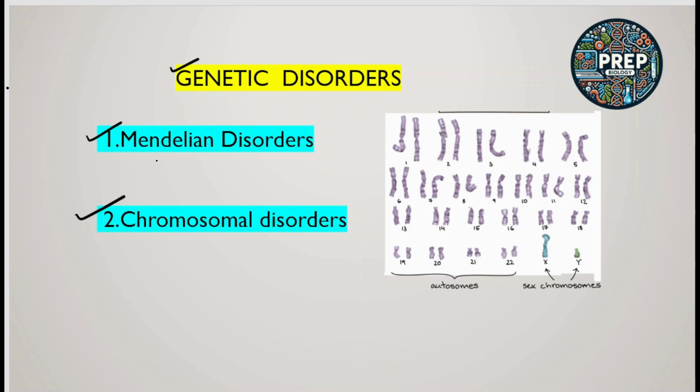Mendelian disorders, as we all know, are disorders at the gene level. The defect is seen at the gene level. But in chromosomal disorders, the defect is seen at the chromosomal level. So in this lecture we are going to discuss the chromosomal disorders.